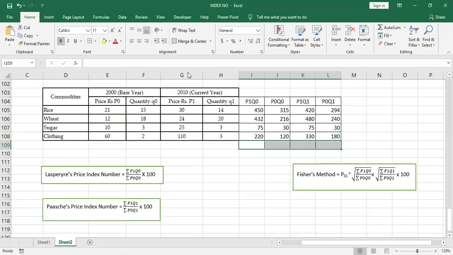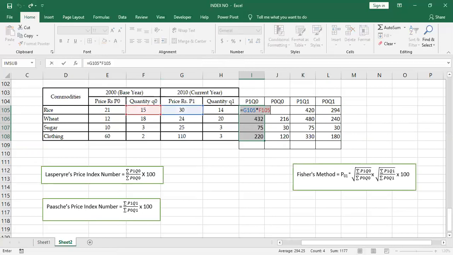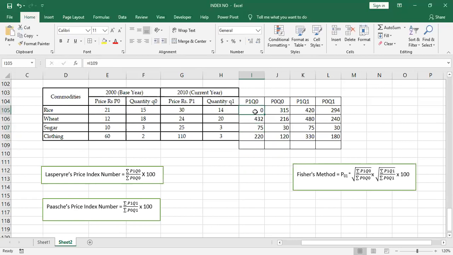Just what we have to do is add all these. Simple, right? 450 plus 432 plus 75 plus 220. It is P1 and Q naught, 30 into Q naught 50.